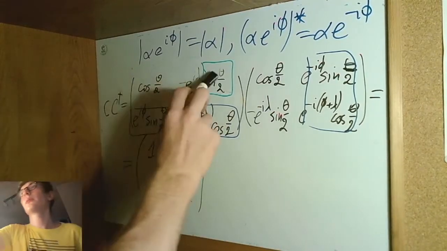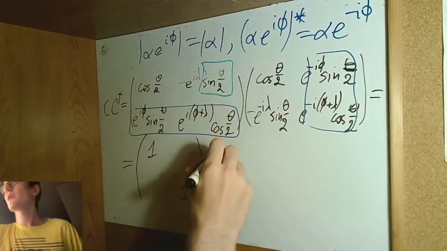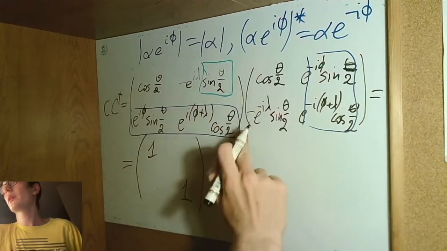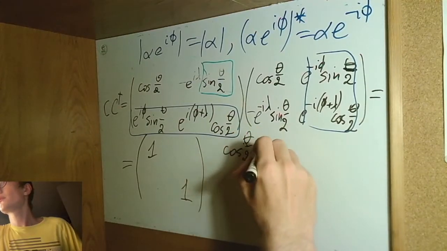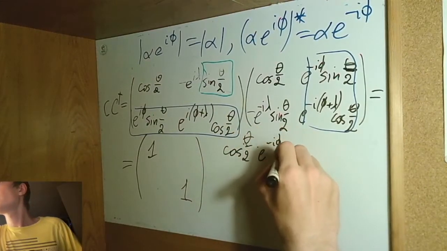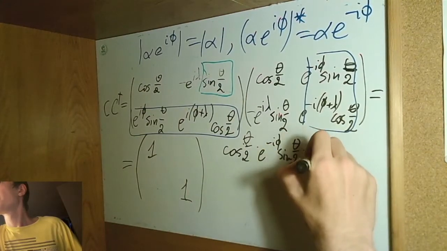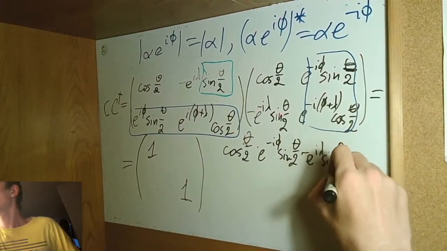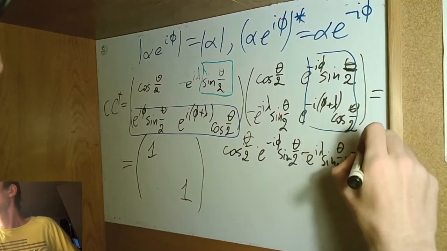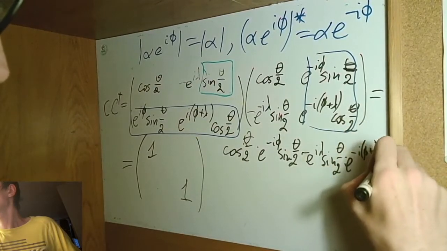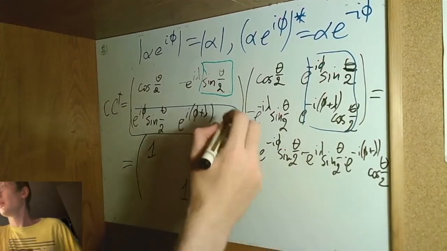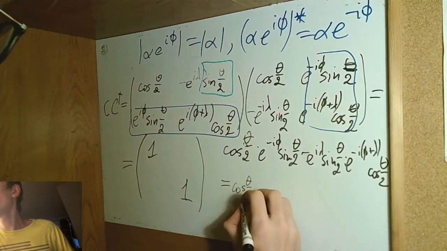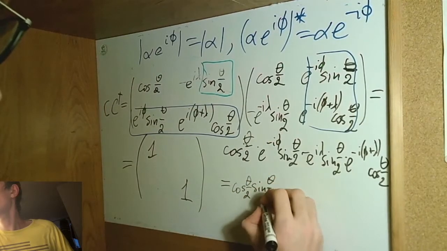So we have to multiply this row with this column. So let's do it here. Right, we multiply it. Okay, cosine theta over 2 times e to minus I phi sine. Oh, it's minus actually. And we can factor out cosine theta over 2 times sine theta over 2.